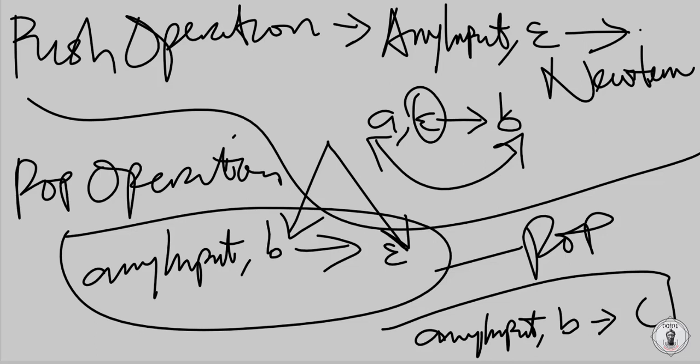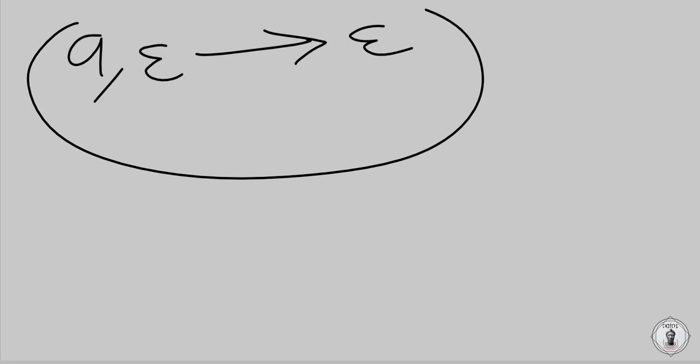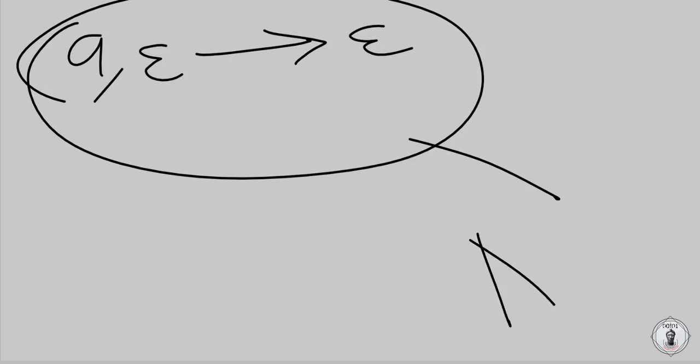And the no operation means that when you have an input, which could be anything, followed by, and definitely followed by, an epsilon, this kind of function will have no effect.